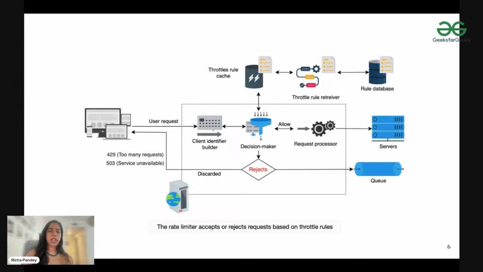The idea is pretty much similar, but it is based on the different set of rules that we define in the system. An API gateway also does more things, so you can imagine the rate limiter to be a subset of what the API gateway does. Okay.